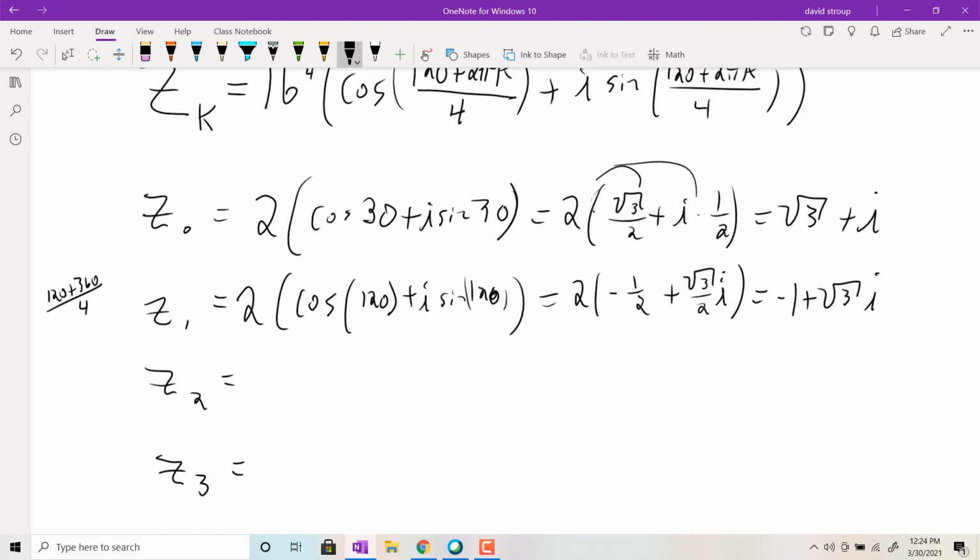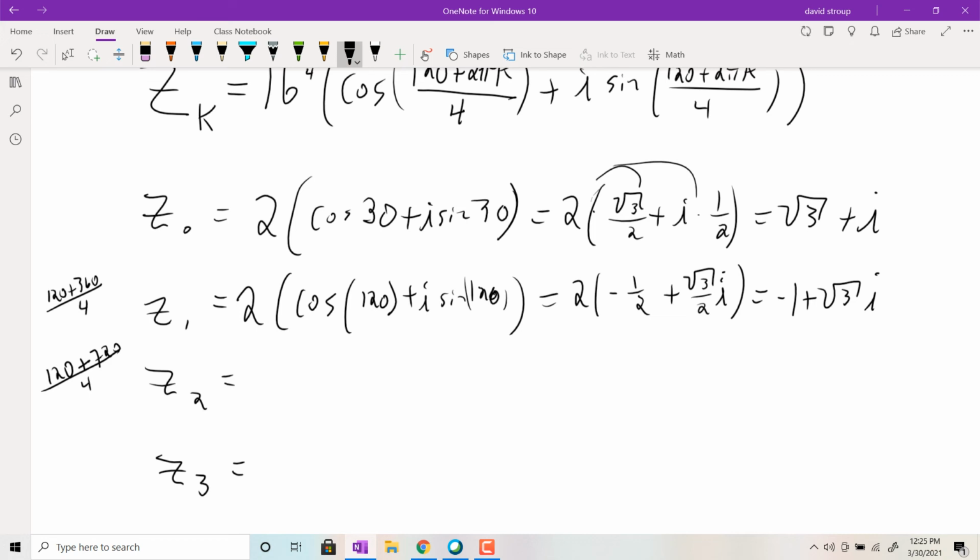All right, next. This time it'll be 120 plus 360 times 2 is 720, and then all over 4. So I'm going to have to go to my calculator here soon. I believe it's going to end up being 210.